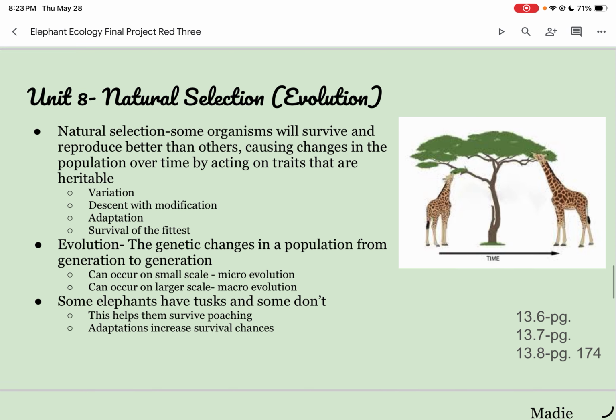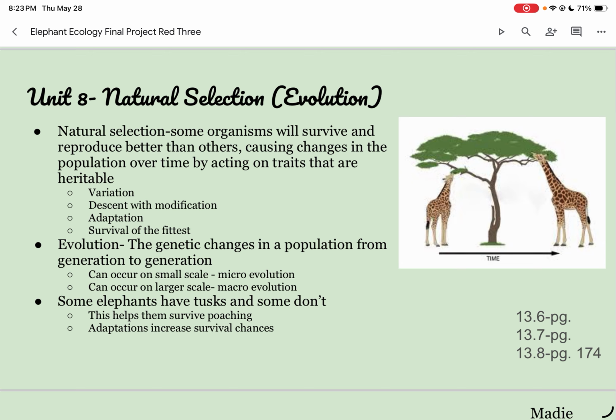In Unit 8, we learned about natural selection, also evolution.